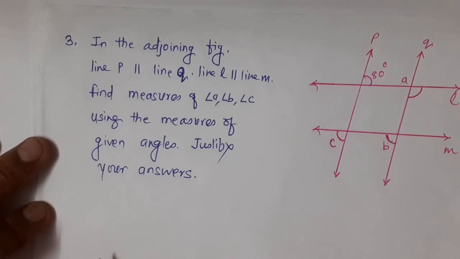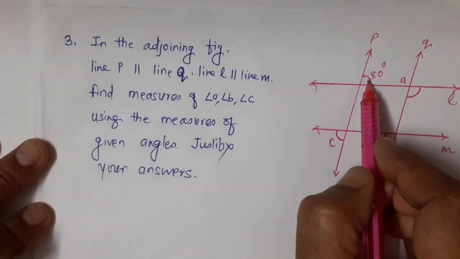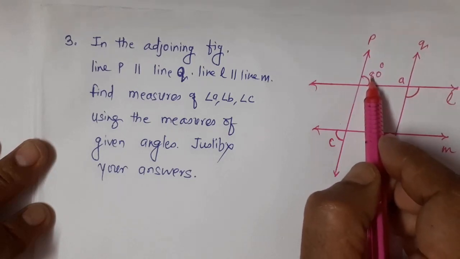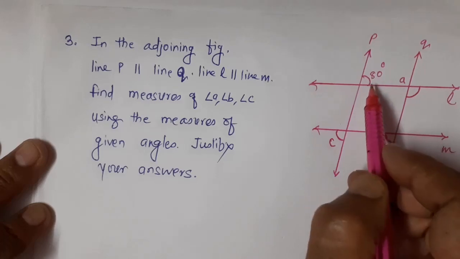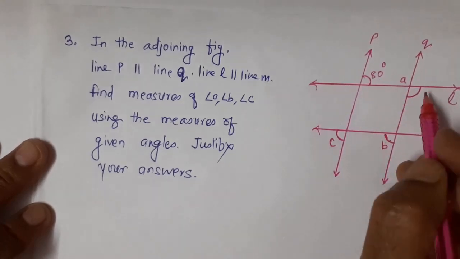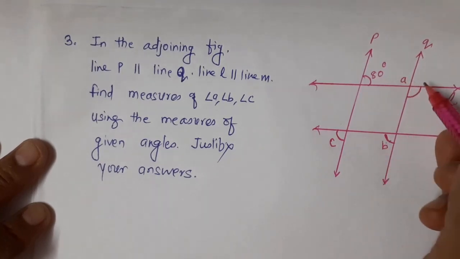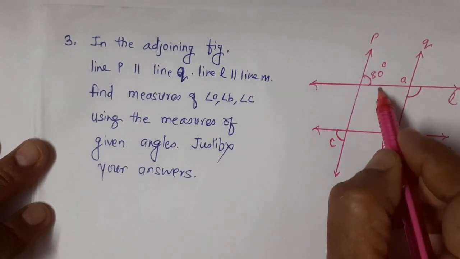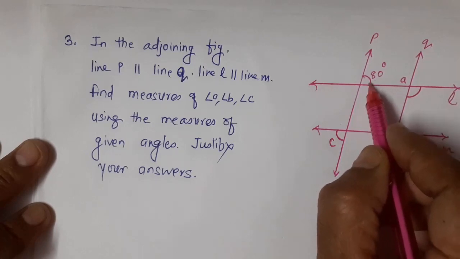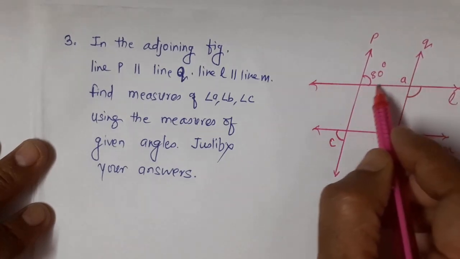First of all, this angle is given as 80 degrees. If I have to find the measure of angle A, these are interior angles.